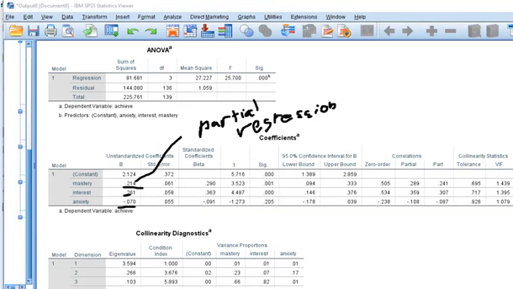Our hypotheses concerning each of these: we're going to be carrying out t-tests for each of those regression coefficients, but there's going to be a separate hypothesis for each of those. So you can kind of mix and match even.